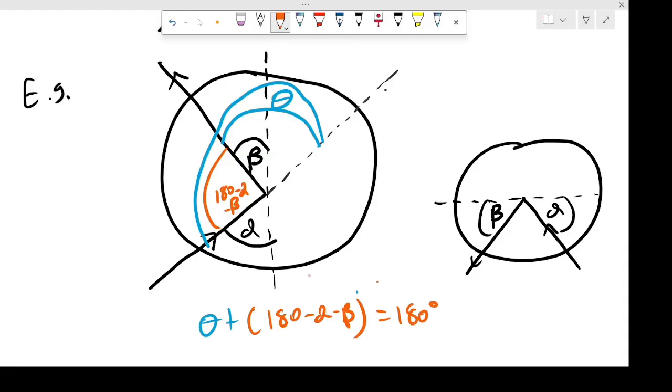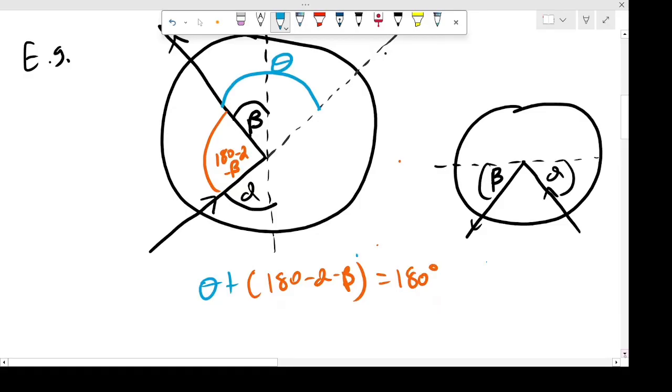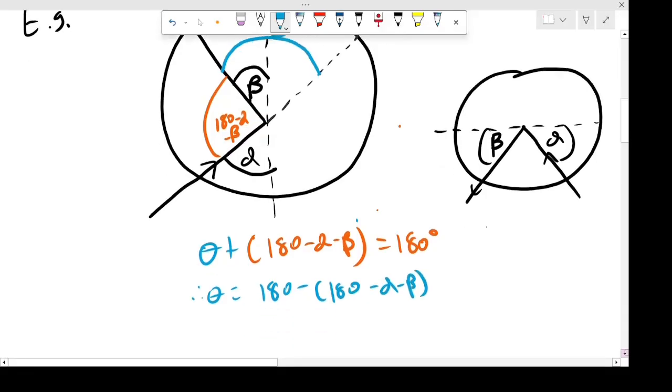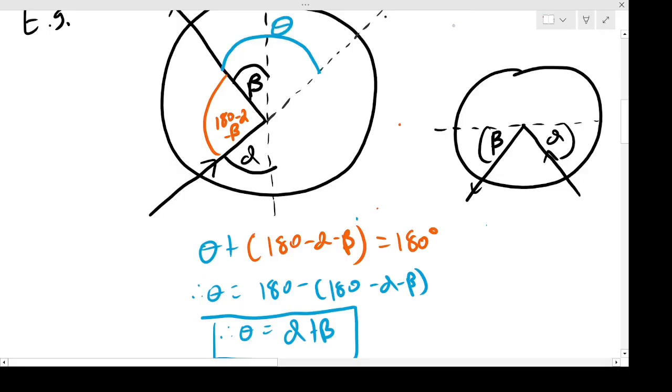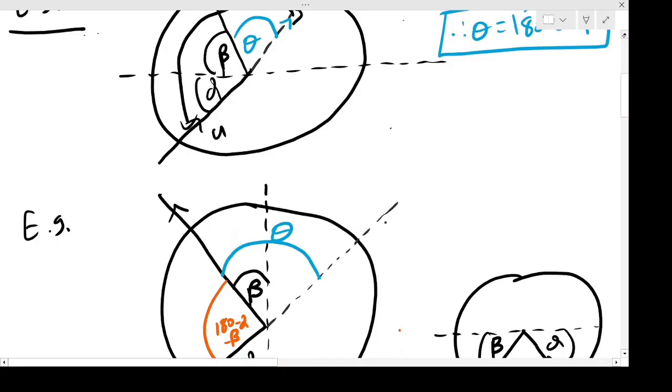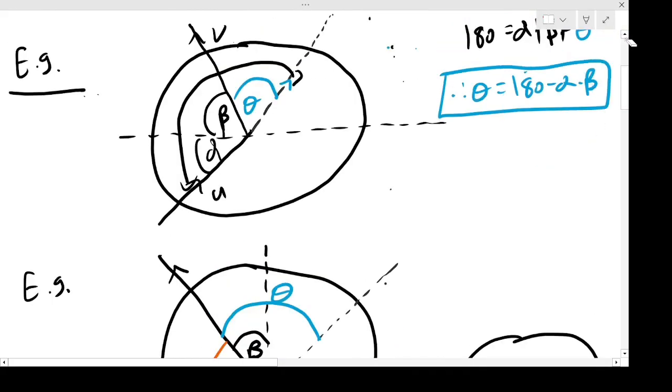Okay, hopefully you can see that in my diagram. So therefore theta I can rearrange to be 180 take away 180 take away alpha take away beta, and so if we simplify this we get theta to just be alpha add beta. Okay, and so that's the angle deflection in that case. So you can see it's different to the first example where it was 180 take away alpha take away beta.